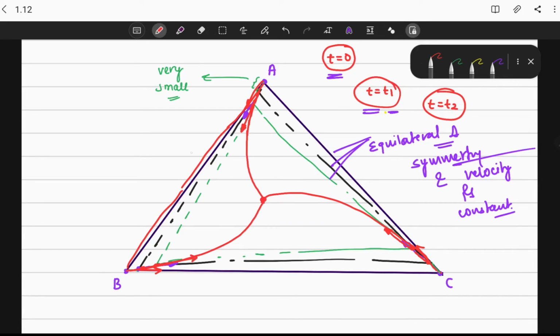So it starts from side length A and reaches 0.